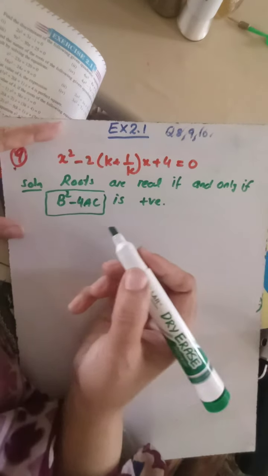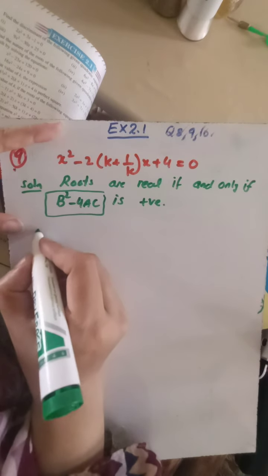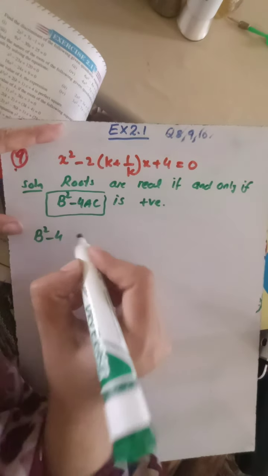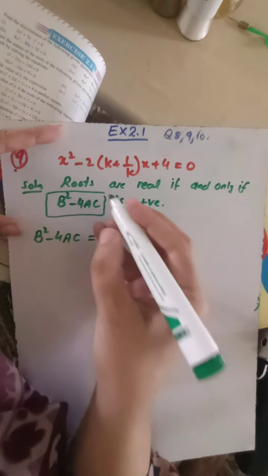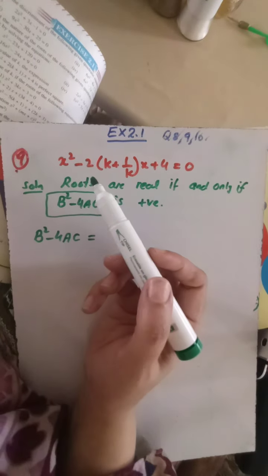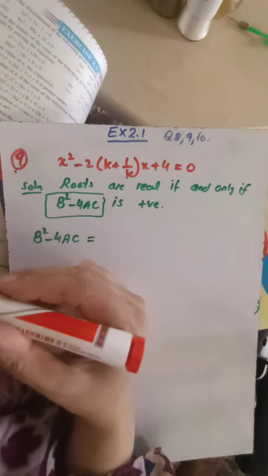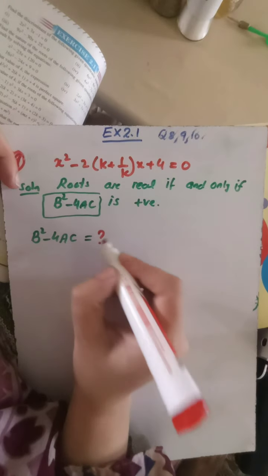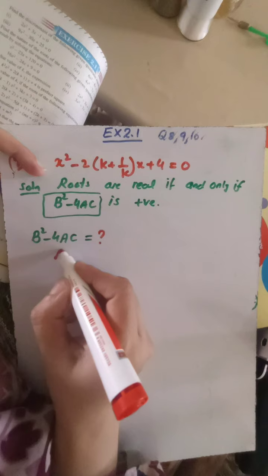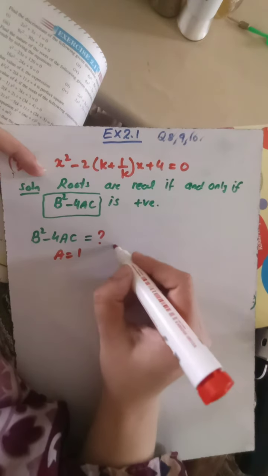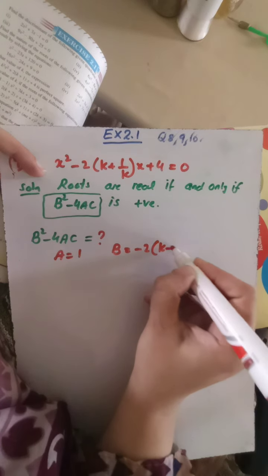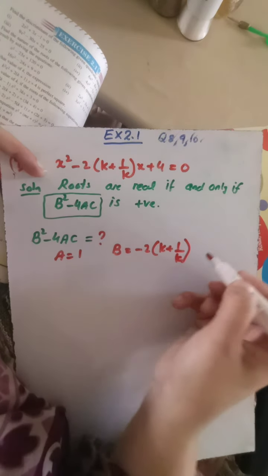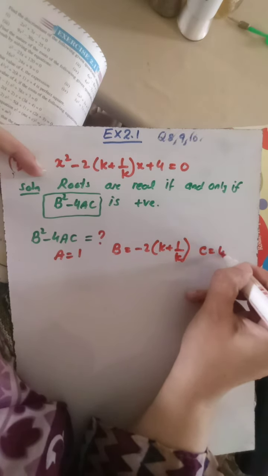For this, obviously we have to calculate the value of b square minus 4ac so that we can judge whether it can be negative for some value or not. If you observe this equation, a is 1, b is negative twice (k plus 1 over k), and c is 4.